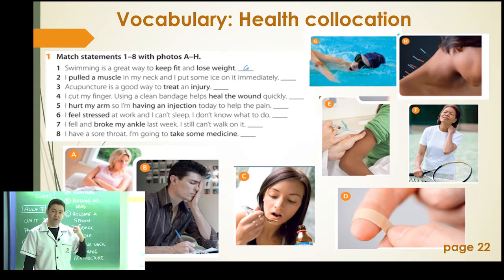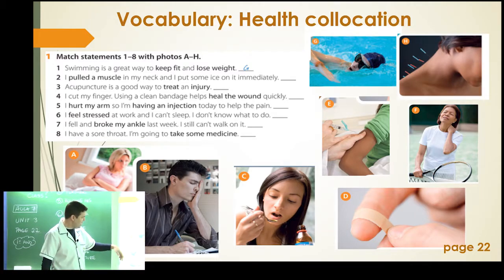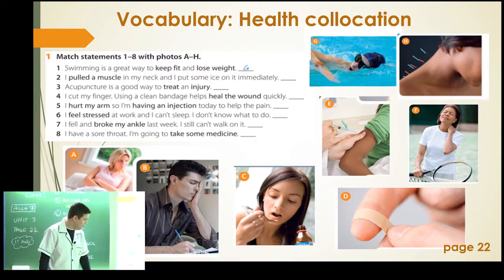Here in this unit we are going to work health collocation. We are going to use specific verbs that are connected with specific problems, health problems, okay? So I'm going to work with some of the pictures here first. Picture A, we have somebody here with a problem.